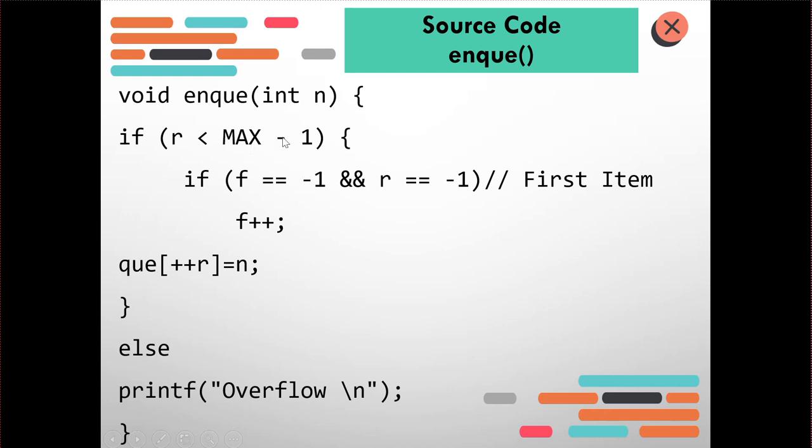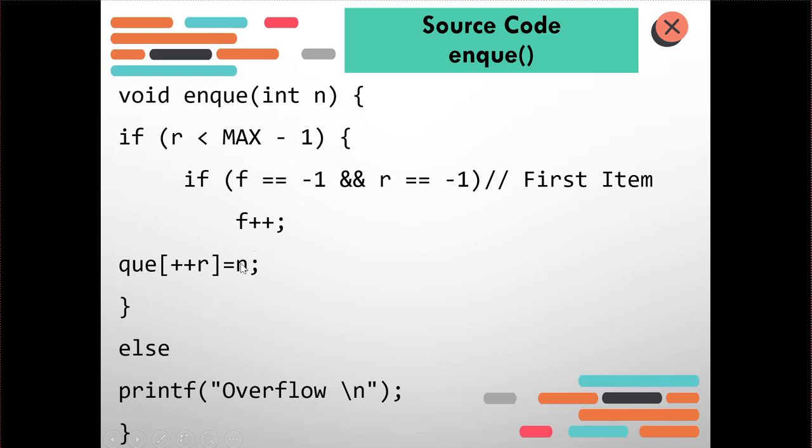That means we should be within limits as far as the maximum capacity of the queue is concerned. So if max here is 100, 100 minus 1 means 99. So r should be less than 99. Only when r is less than 99, in this example, the insertion would take place.